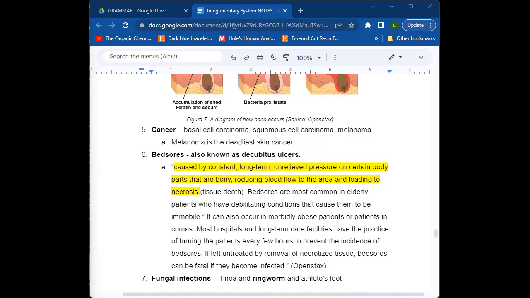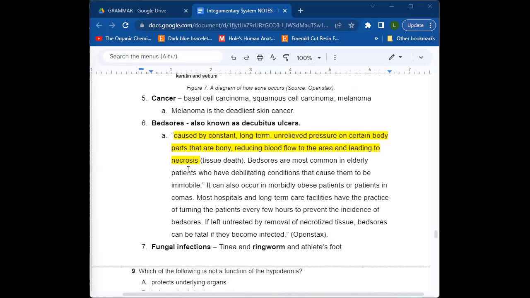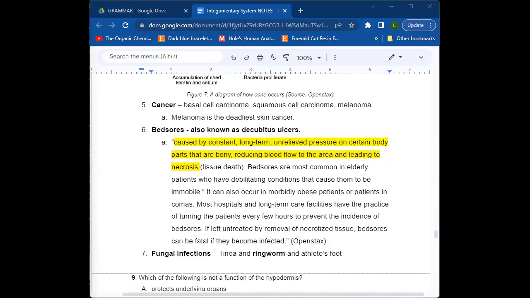Then for cancers of the skin, I wouldn't really worry too much about these in depth. You just need to know that they are cancers of the skin, but that's about it. So the cancers of the skin are basal cell carcinoma, squamous cell carcinoma, and then melanoma.